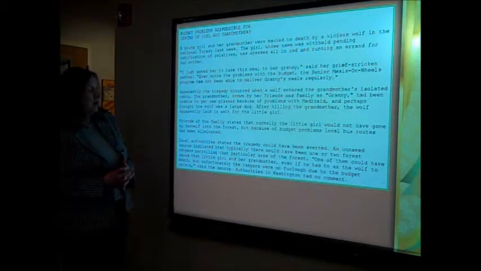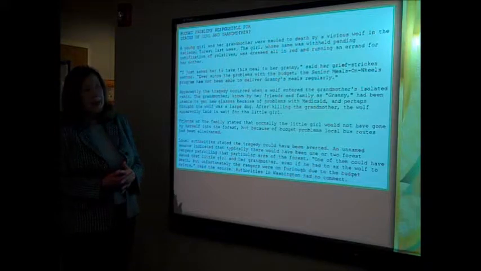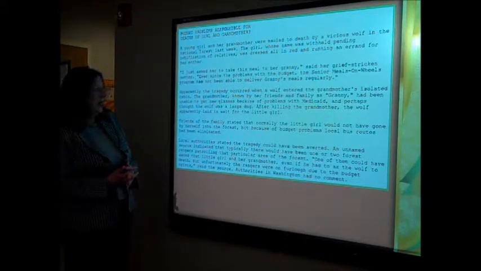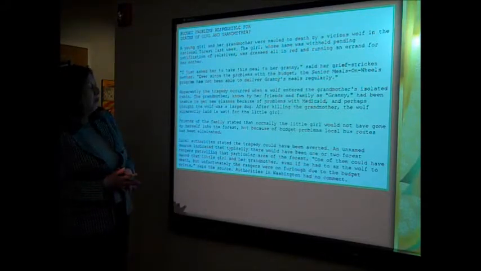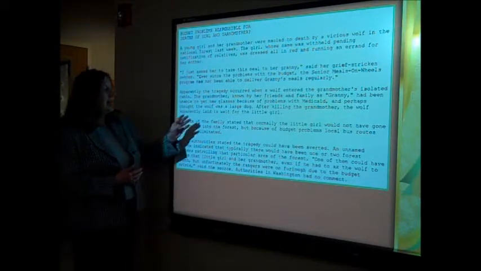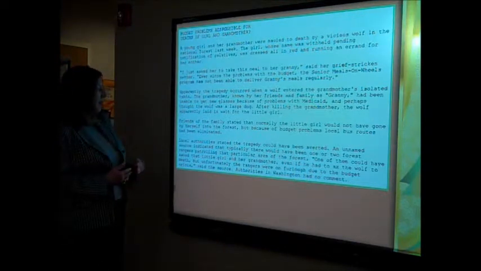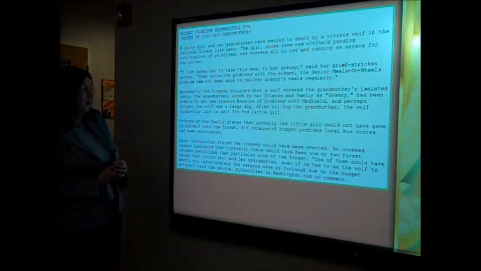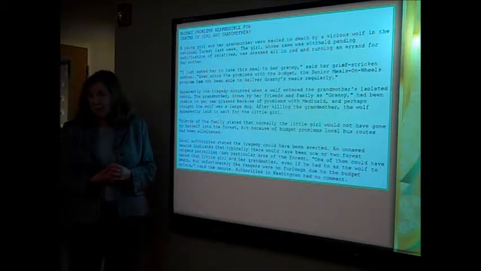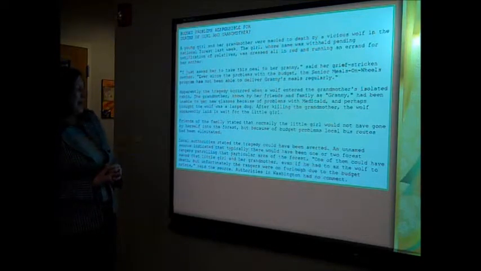The grandmother, known by her friends and family as Granny, had been unable to get new glasses because of problems with Medicaid, and perhaps thought the wolf was a large dog. After killing the grandmother, the wolf apparently laid in wait for the little girl. Friends of the family stated that normally the little girl would not have gone by herself into the forest, but because of budget problems, local bus routes have been eliminated. Local authorities stated the tragedy could have been averted.